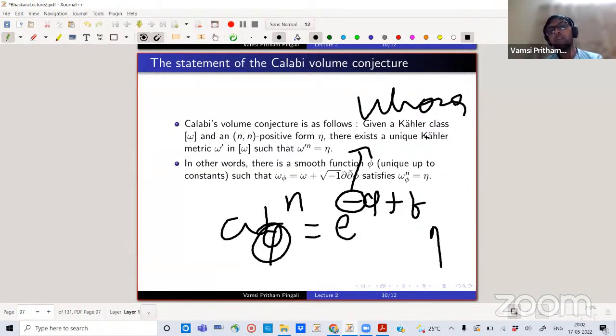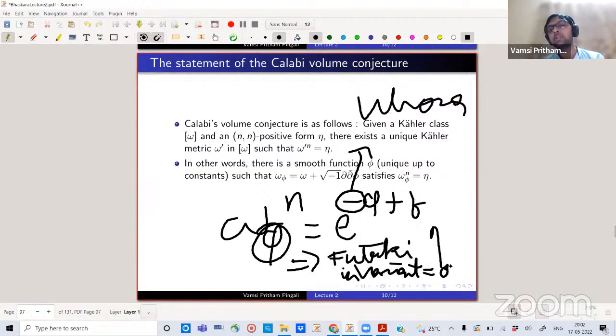For example, if you have lots of symmetries, that is, lots of holomorphic vector fields, then the solvability of this equation implies that a certain invariant called the Futaki invariant must be 0. And you can find examples of manifolds which are very symmetric where the Futaki invariant is not 0. So there are other algebraic geometric obstructions.